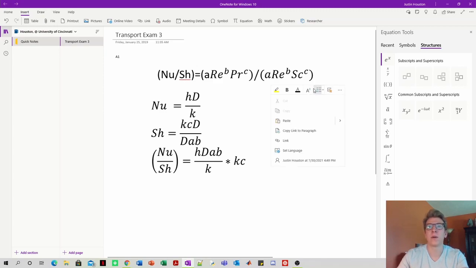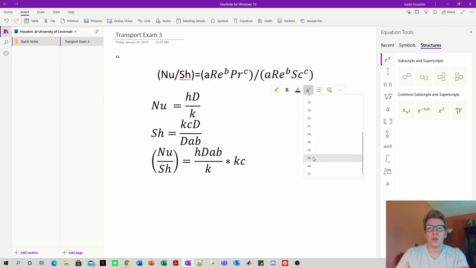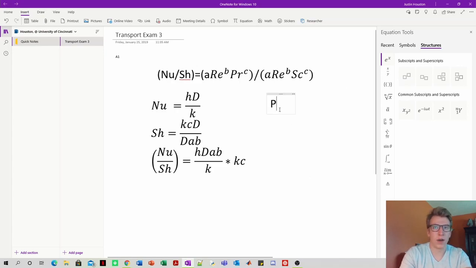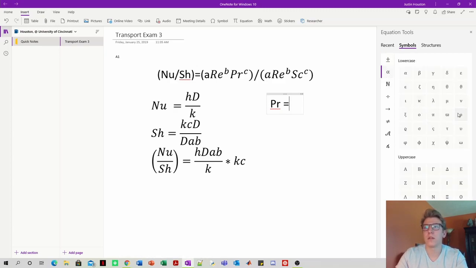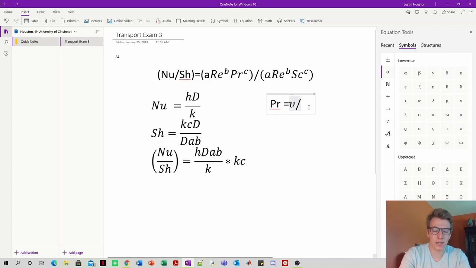So defining the Prandtl number, we know that the Prandtl is equal to the kinematic viscosity all over alpha, which is the thermal diffusivity.